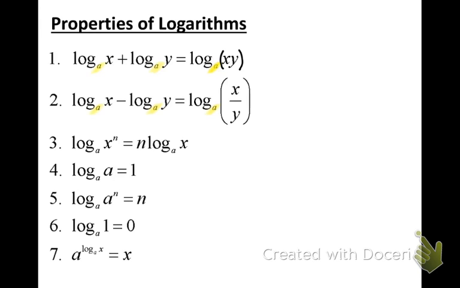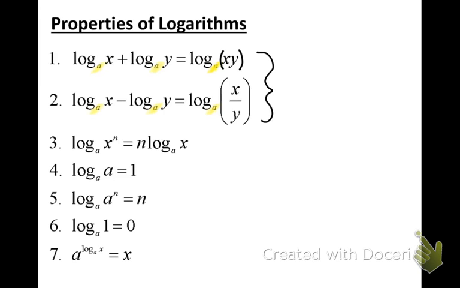So 1 and 2 are similar in terms of their setup, but you've got to realize that the 2 logarithms being added squish down into the arguments being multiplied. Those 2 logarithms being subtracted squish down into those arguments being divided.